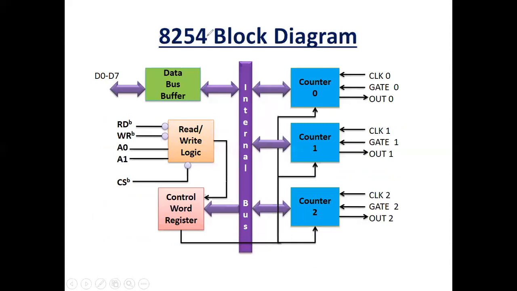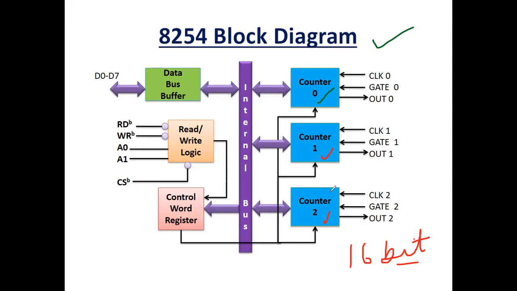So the 8254 IC basically consists of 3 counters. In the last slide we saw that it consists of 3 counters: counter 0, counter 1, counter 2, all having 16-bit capacity.